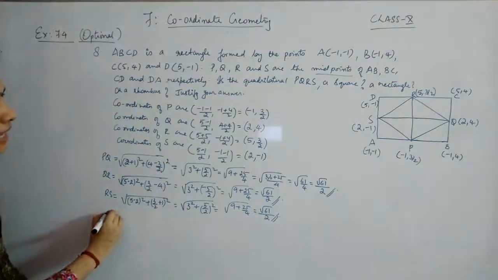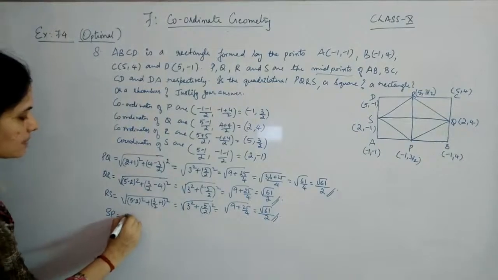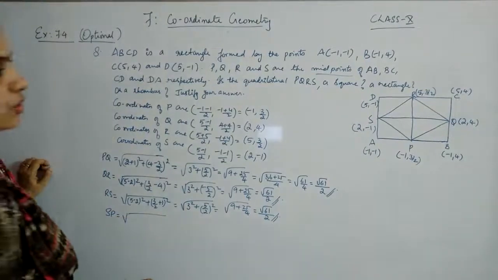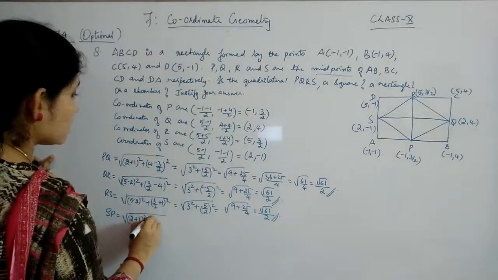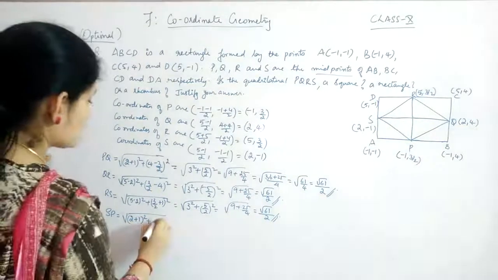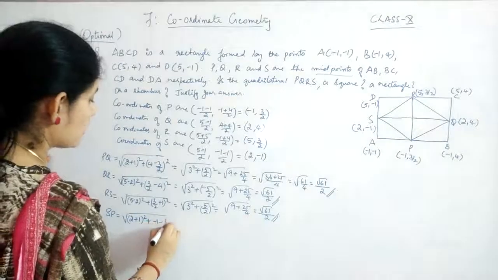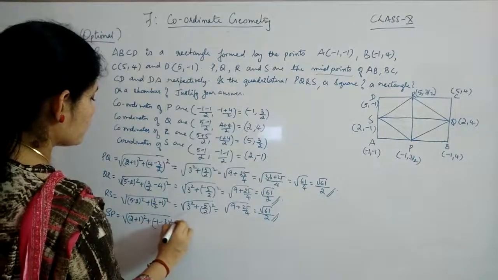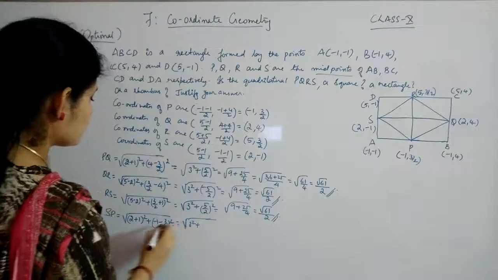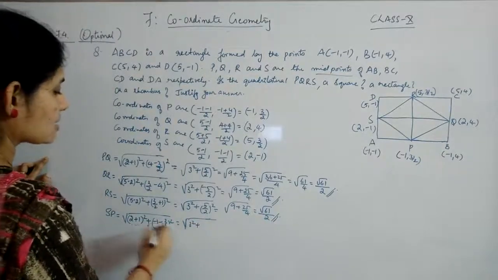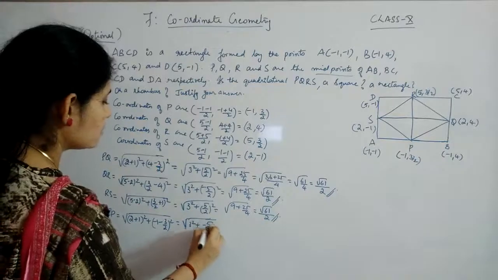Then you have SP. SP is equal to root of 2 minus of minus 1, which is 2 plus 1 the whole square, plus minus 1 minus 3 by 2 the whole square, which is equal to root of 3 square plus, here you will have minus 2 minus 3, which is minus 5 by 2 the whole square.